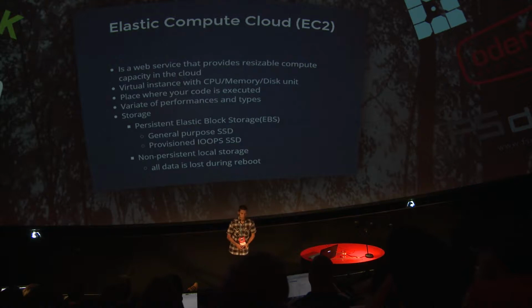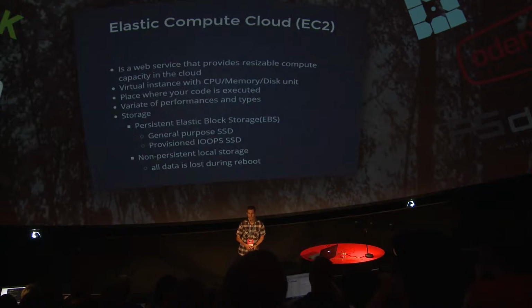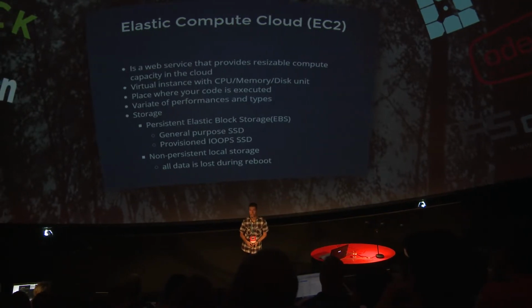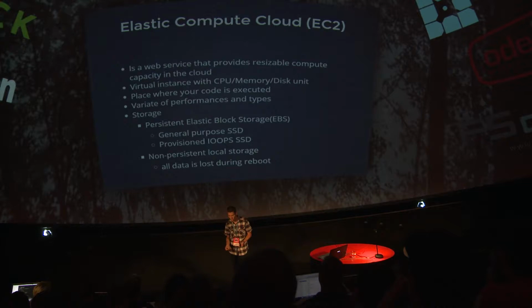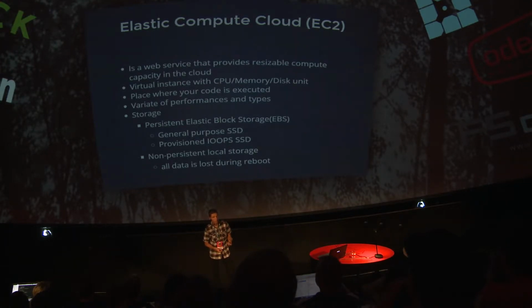The next thing is Elastic Compute Cloud. This is actually a resizable compute unit with real physical CPU, memory, and disk. This is the place where the whole code is executed. There are a lot of instance types that you can use, and I'll tell you something about that later.